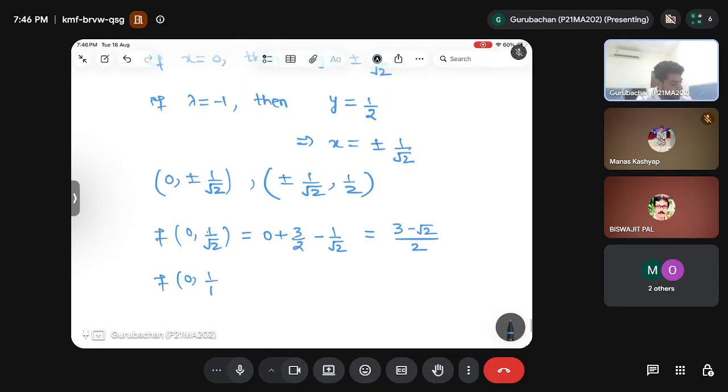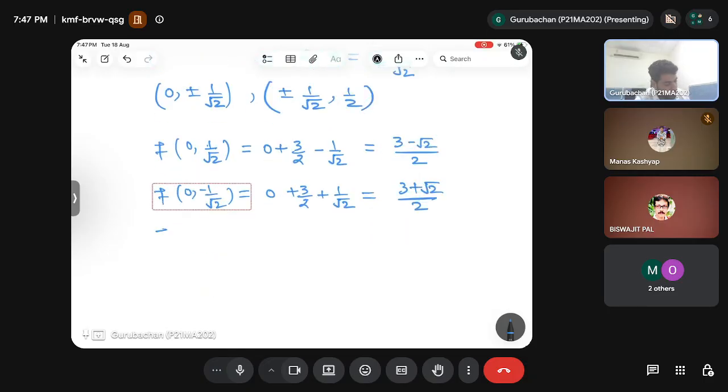With the negative sign, 3 by 2 plus 1 by root 2, so this will be 3 plus root 2 divided by 2.